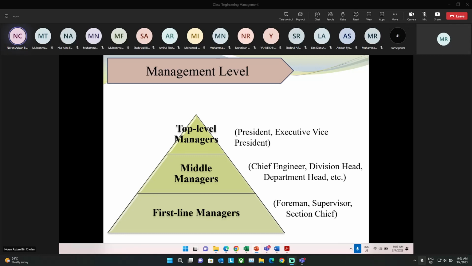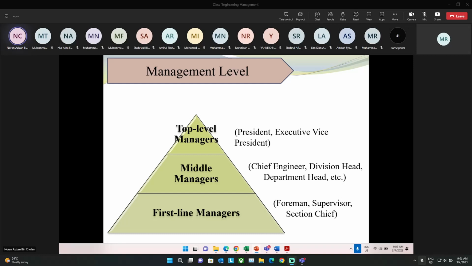The upper level is middle managers. Usually the common position is a chief engineer, or sometimes we call it a senior engineer.